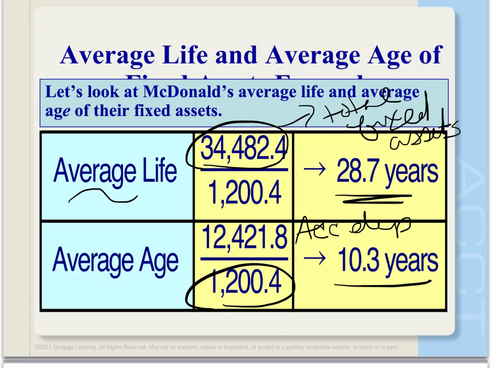So what do these ratios mean? They mean that on an average, the expected life of McDonald's assets are almost 29 years and are currently about 10 years old. So that means that we're going to get another 19 years out of each of these assets. So now let's go ahead and move to some examples and do the computations together.